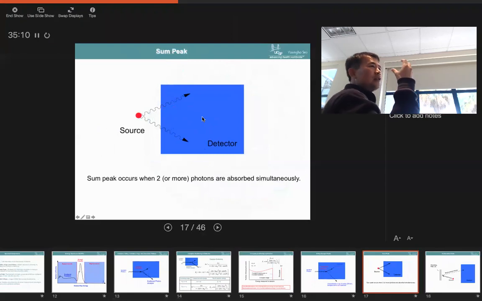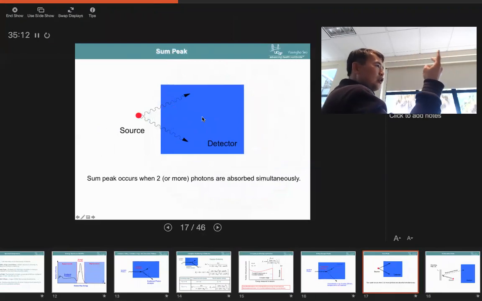But what if those two interactions from the two incident photons are happening at about the same time? About the same time meaning that your readout electronics cannot distinguish time-wise those two interactions. If they are measured at about the same time, that cannot be distinguished by your readout electronics, right? Those two interactions are just recorded as a single event.